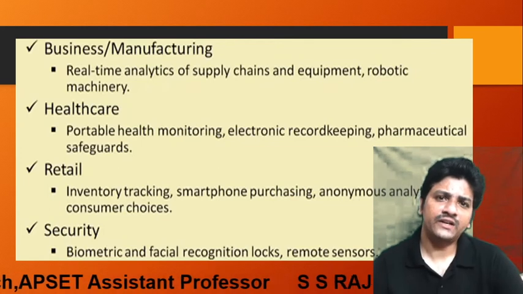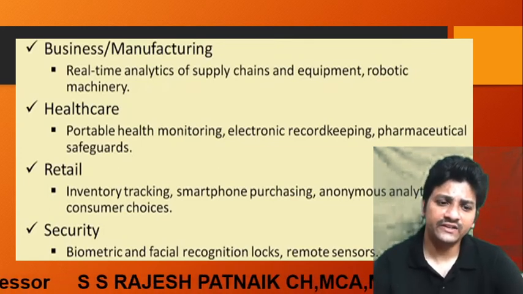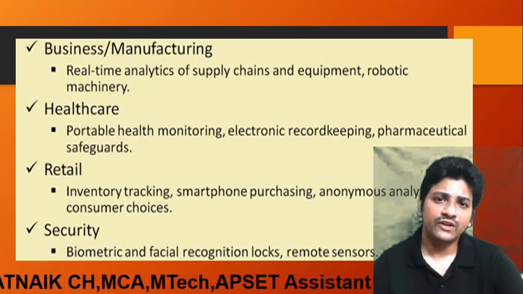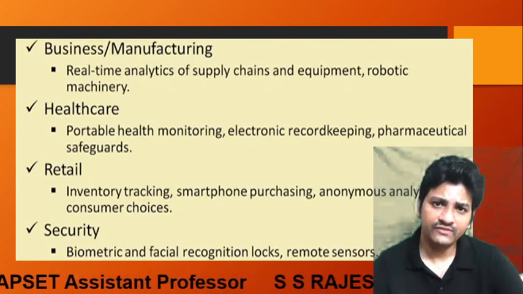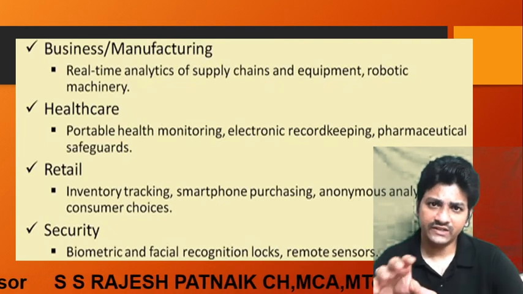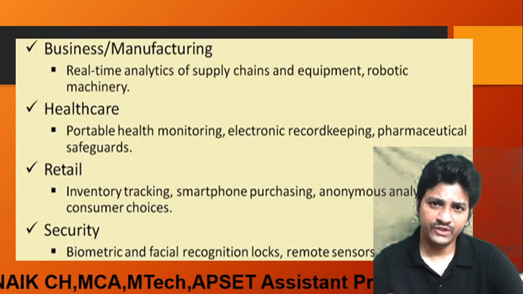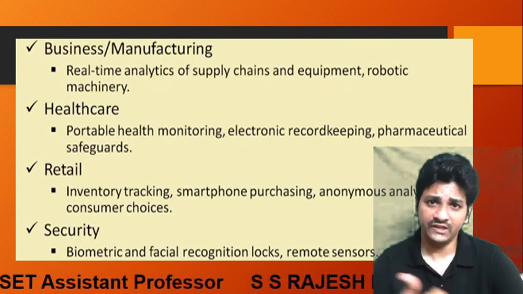In the retail area, retail means tracking of goods and products. I already gave a very good example when I showed that figure, where sensors were attached to the wheels of a truck to find the speed of the truck.